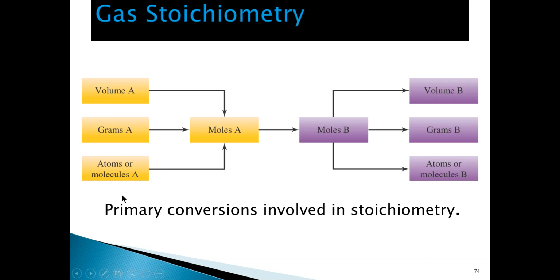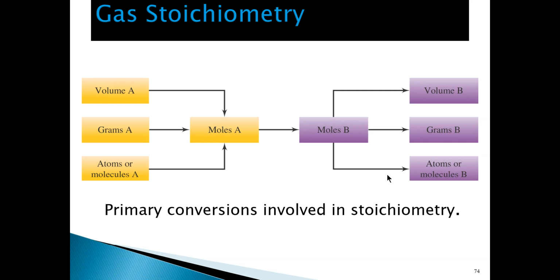But the point is that you need to convert each of these to the corresponding moles. In the case of volume, you may need to use the ideal gas equation. In the case of grams, you use the molar mass to convert to moles. And in the case of atoms or molecules, there will be some involvement of Avogadro's number.